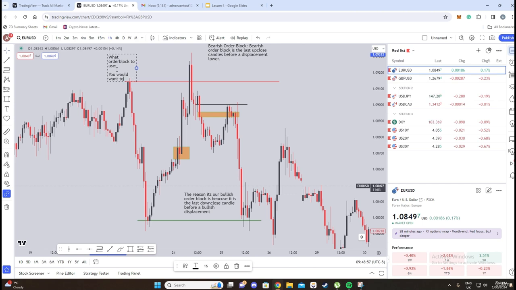You would want to use order blocks which are made in the higher time frames, as it holds more weight.